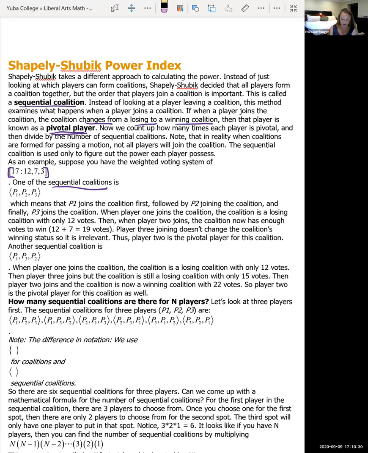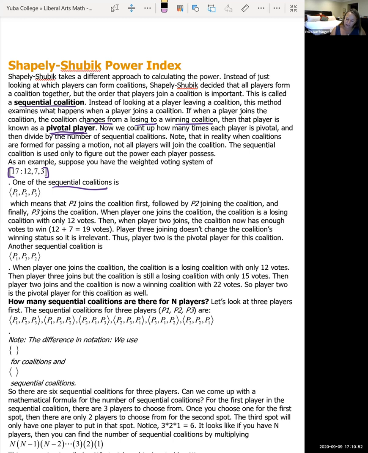Then P2 comes in, the second member, saying yes, I want to pass this motion. And then P3 would be the last one. Which means that P1 joins the coalition first, followed by P2 joining the coalition, and finally P3 joins the coalition.